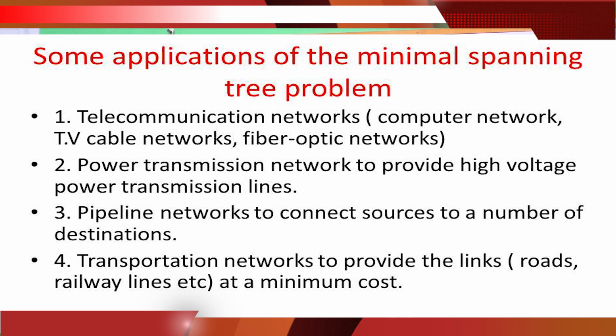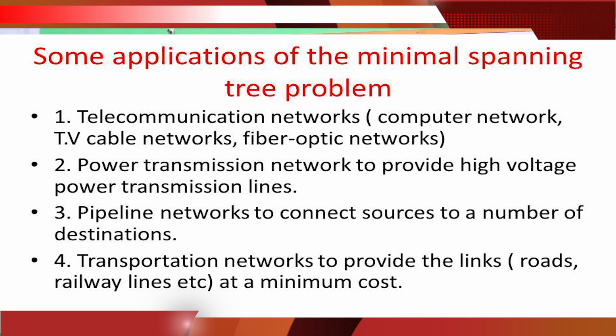So pipeline network is also a very important network for supplying, say, water, oil, petrol, or gas. Number four, transportation network, which will provide linkage of the roads, railway lines, etc.